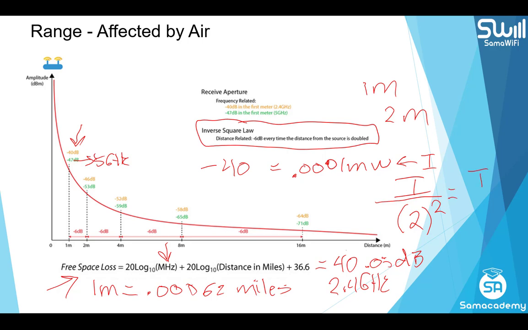I will say intensity divided by 4, which is equal to 0.0000025 milliwatts.